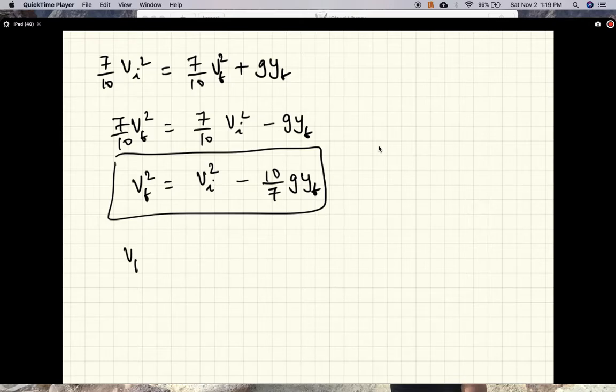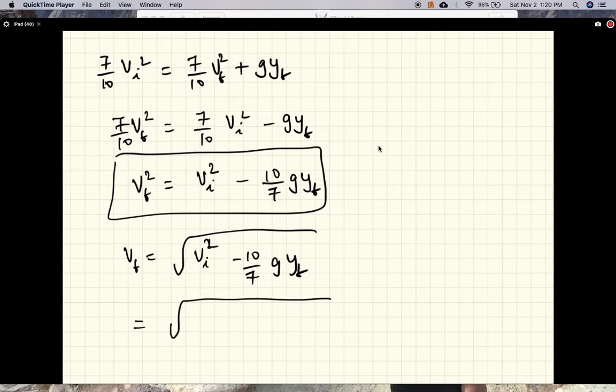So v final is the square root of v initial squared minus 10/7 g y final, and this will be equal to the square root of, initial velocity was 3 meters per second, so 3 squared, minus 10/7 times 9.8 meters per second squared, and y final was the ramp is 0.5 meters high.